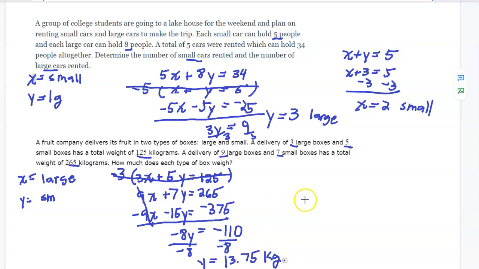Okay. Now, let's go into that top equation. Why not? Okay, so that's going to give me 3x plus 5 times 13.75 equals 125.